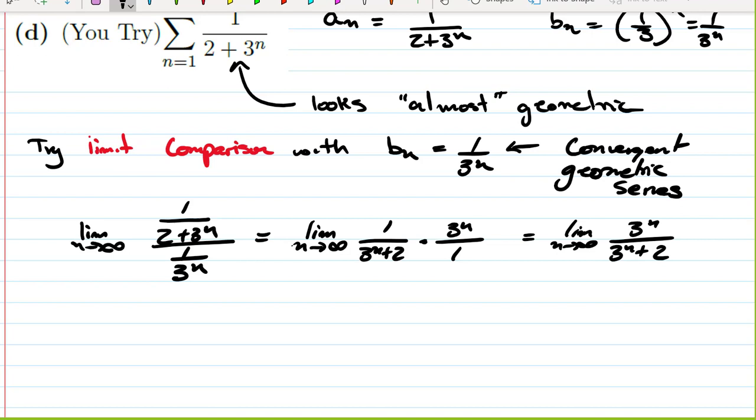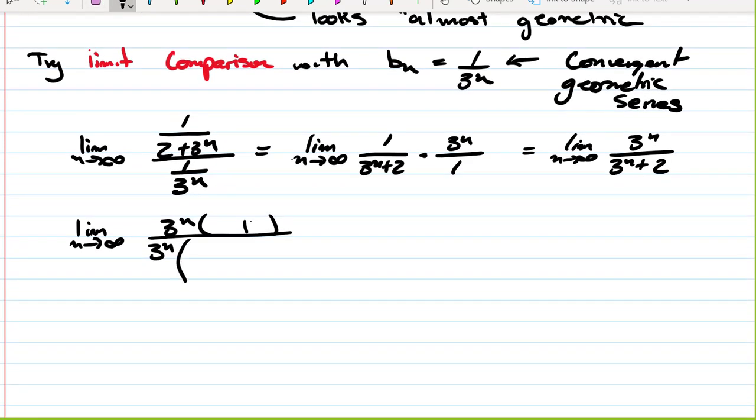And if we factor out our 3 to the n from both the numerator and denominator, that's going to leave us 3 to the n times 1 in the numerator, and 3 to the n times 1 plus 2 over 3 to the n in the denominator. And our 3 to the n's reduce out. And then as n goes to infinity, a constant divided by infinity goes to 0. So then our limit converges to 1 over 1, which equals 1.